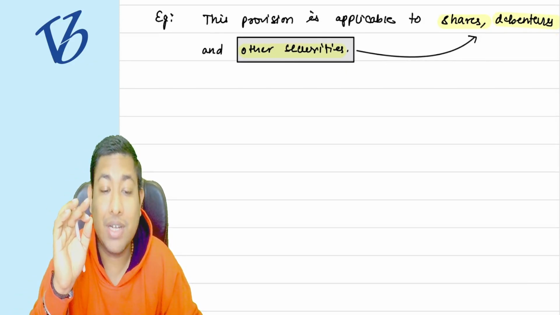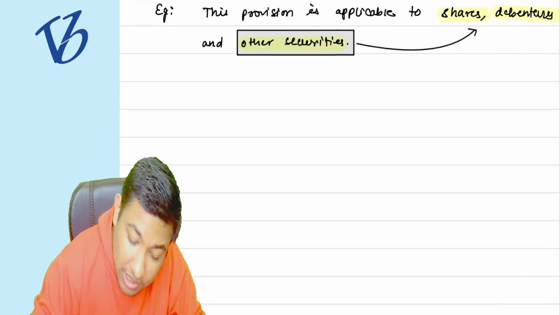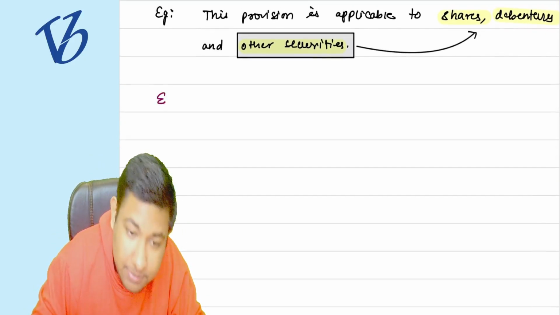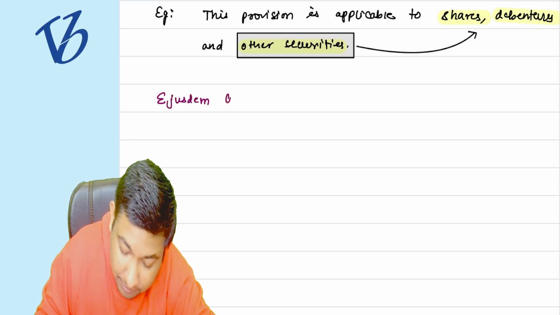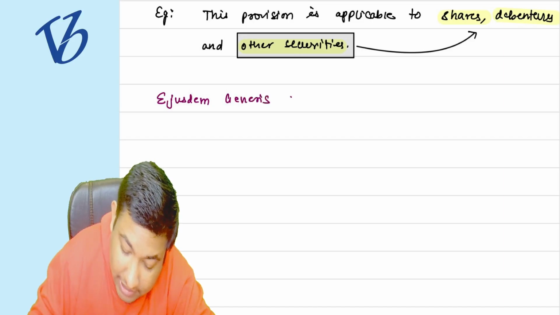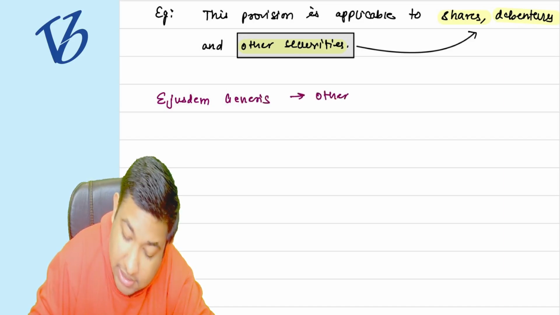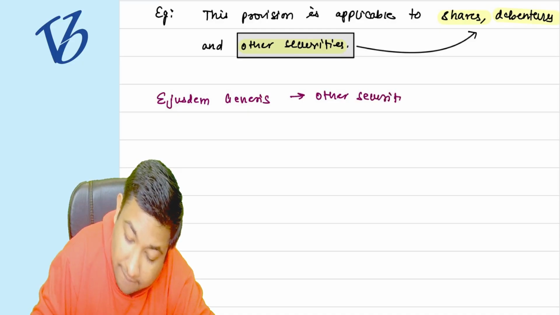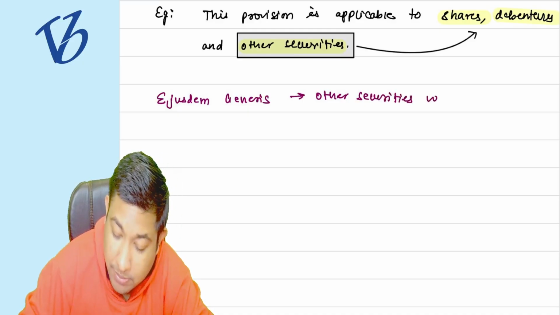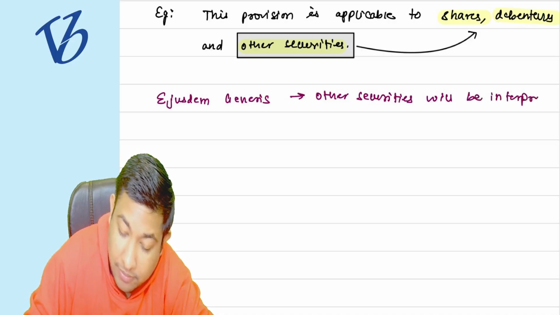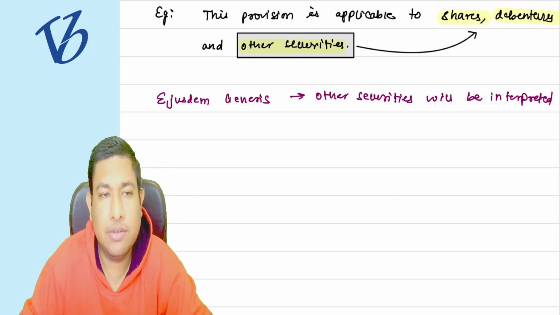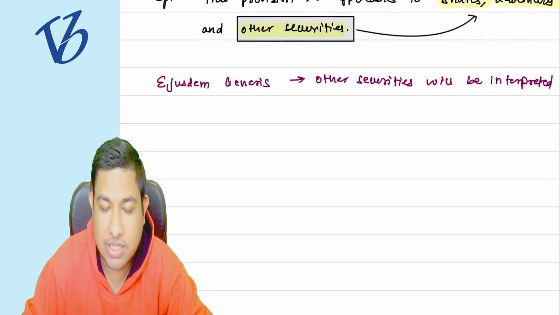So in other words, other securities. Here the rule of ejusdem generis applies. The other securities will be interpreted as... What could the other securities be?